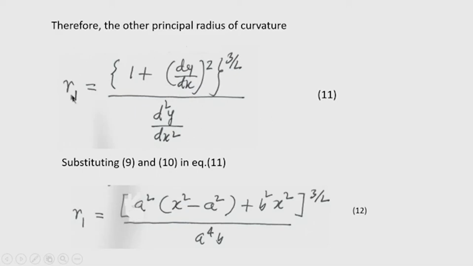So, this is the r 1, and substitute now the value of dy by dx and d square y by dx square that we obtained earlier for the hyperbolic meridian.